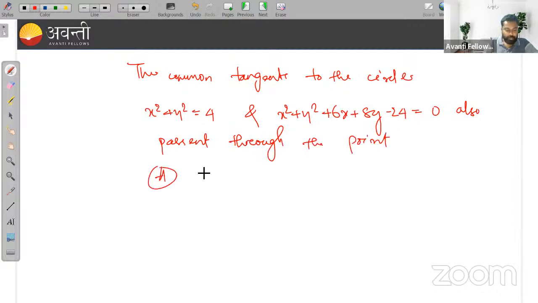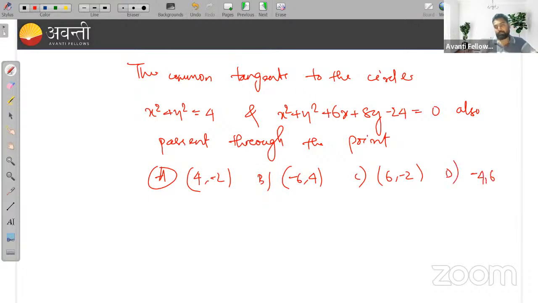Option A, that is 4 minus 2. Option B, that is minus 6 4. Option C, that is 6 minus 2. Option D, minus 4 6.